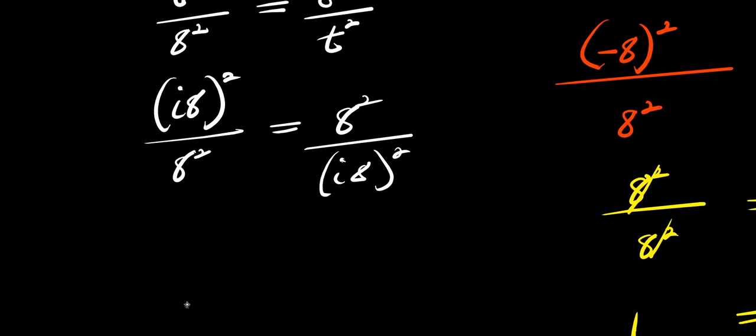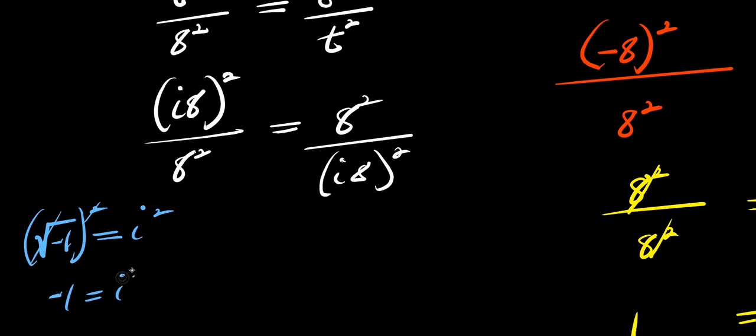Now, what we are going to do will be, here is I, and if you have I raised to the power of 2, remember this identity. If you have square root of -1, this equals I. If you take the squares, that means this cancel this, that means -1 equals I power 2. Take note of this.